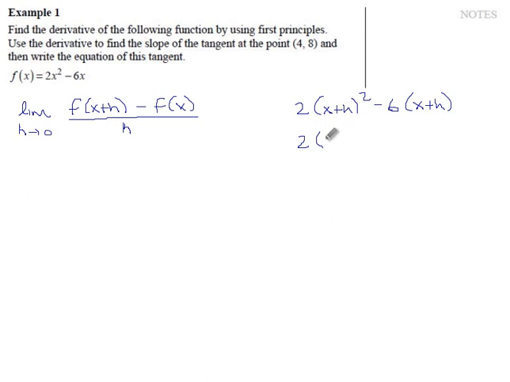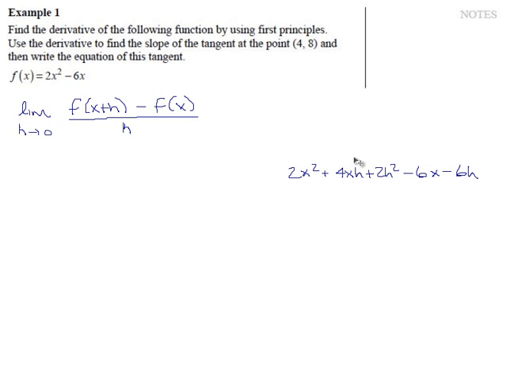When you FOIL x plus h, you get x squared plus 2xh plus h squared, minus 6 times x plus h. That's 2x squared plus 4xh plus 2h squared minus 6x minus 6h. Okay, any like terms in that? It looks like not. So all of that is f of x plus h.